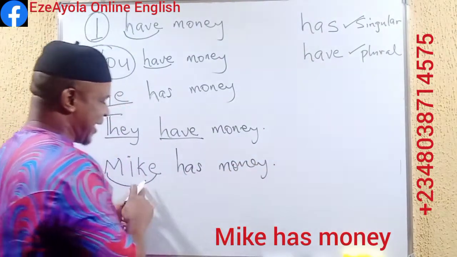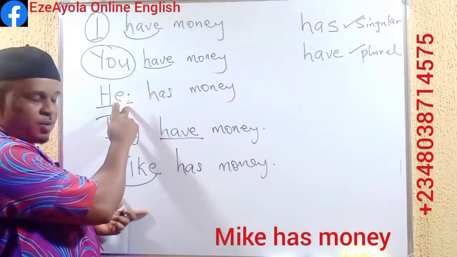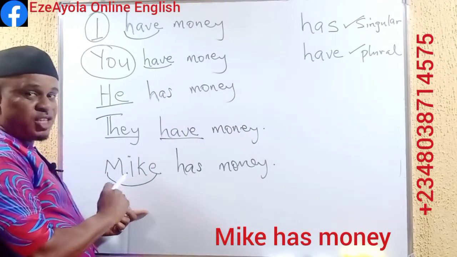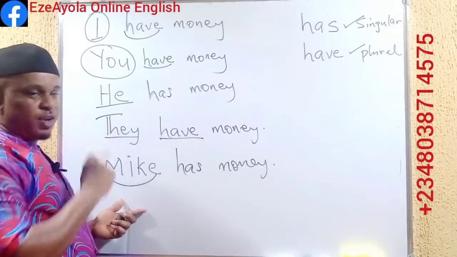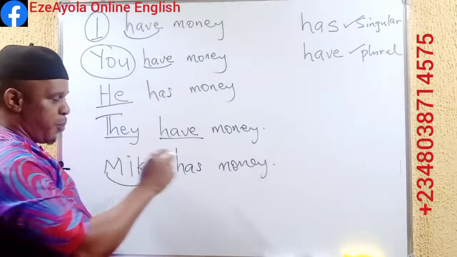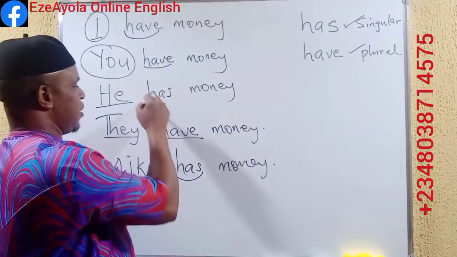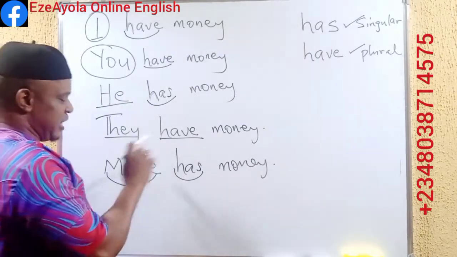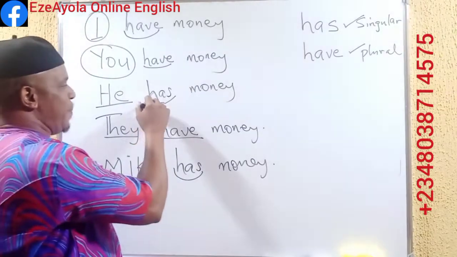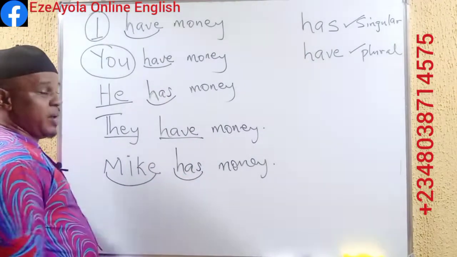So whether Mike or he, when you mention Mike, it represents one person. You mention he, equally representing one person. But the point is that the verbs must be what? Singular. Because this is singular, this is equally singular. So you blend them together with singular verbs.